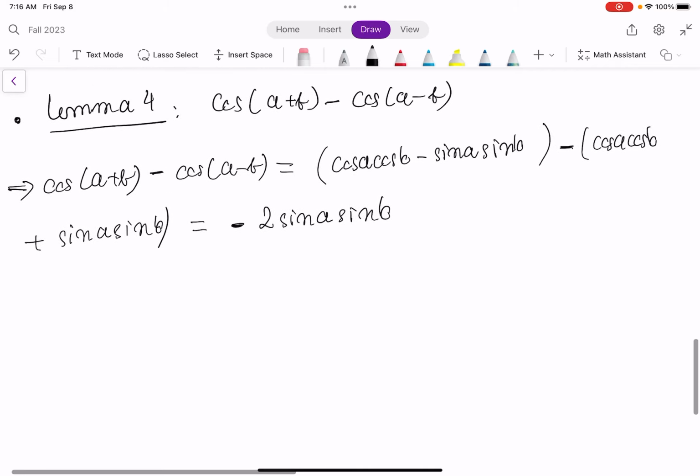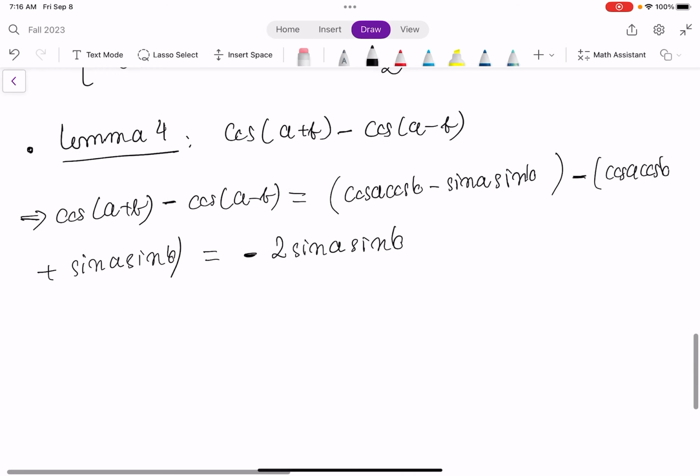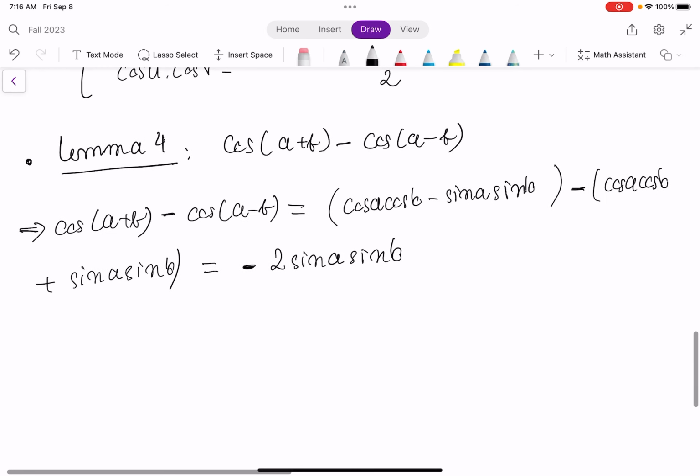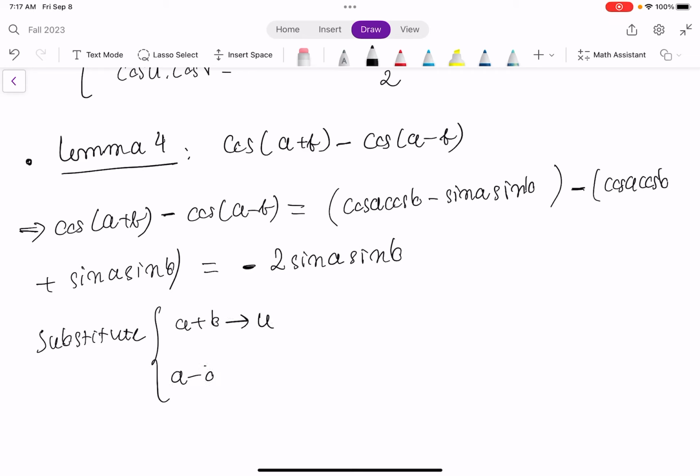And notice I'm going to do an important substitution. You substitute a plus b equal to u. I'm not going to write equal so that it doesn't confuse you guys. A plus b you substitute to u, and a minus b you substitute to v.